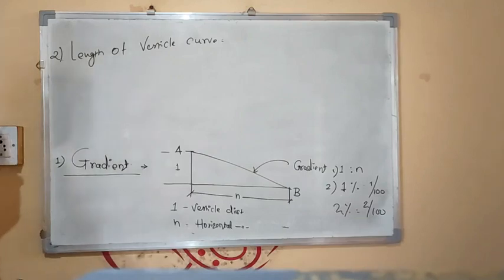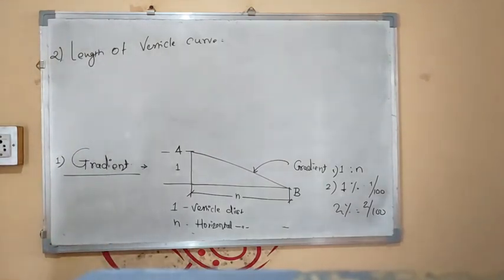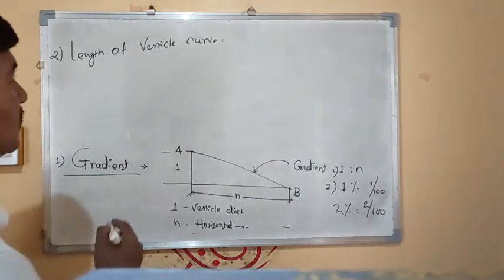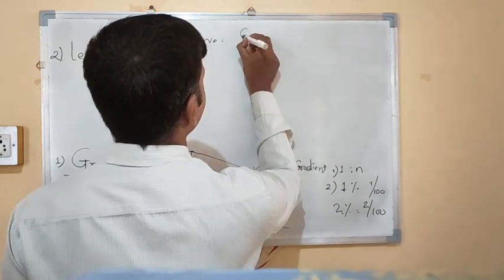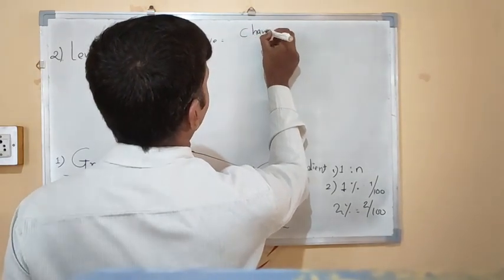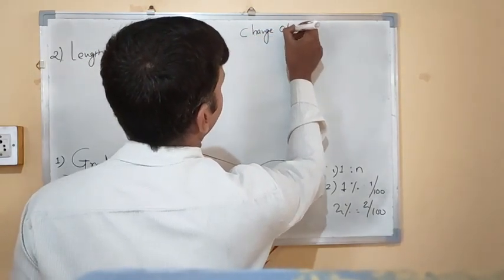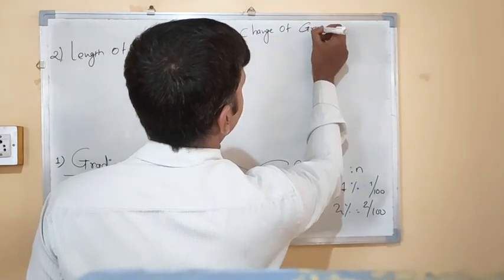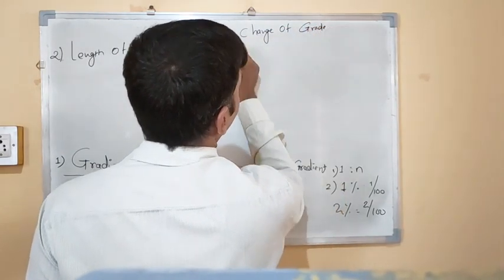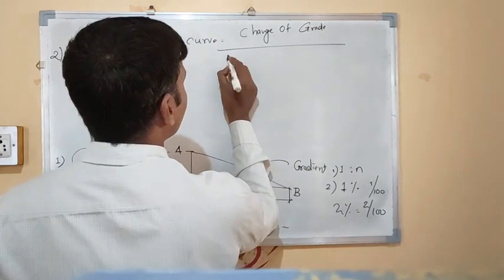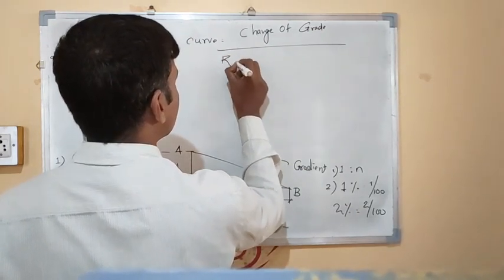The formula to calculate the length of the vertical curve is equal to change of grade divided by rate of change of grade.